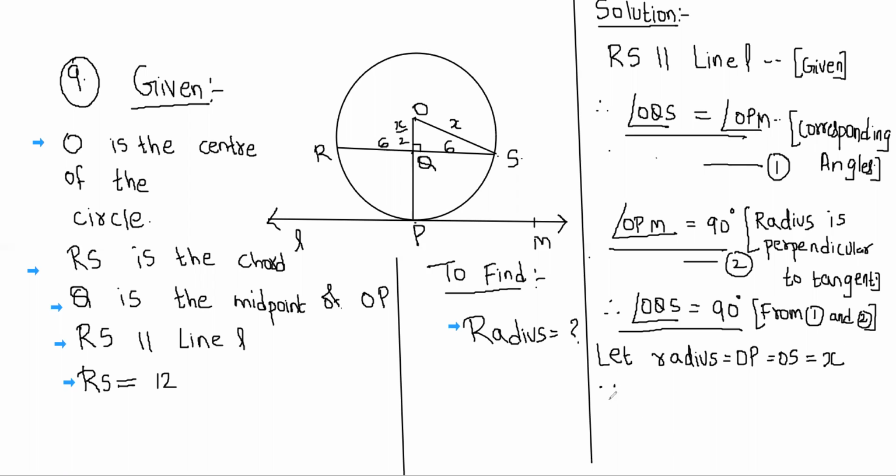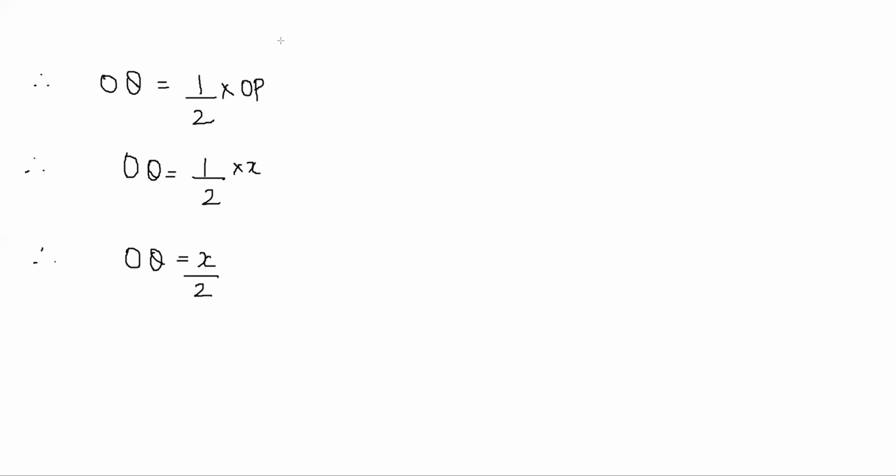So since Q is the midpoint of OP, in bracket reason given, therefore OQ is equal to half of OP. Therefore OQ is equal to half of x. Therefore OQ is equal to x upon 2. Okay, so we got OP also, we got OQ also.